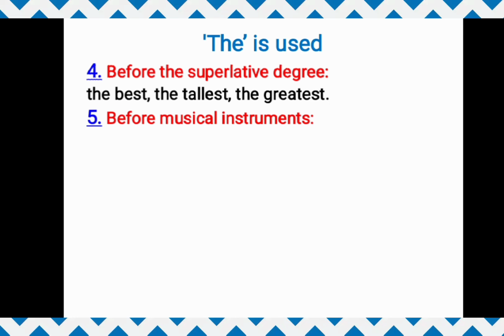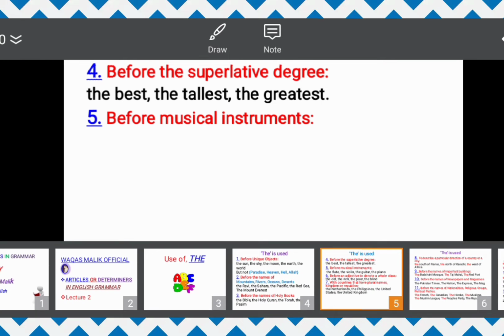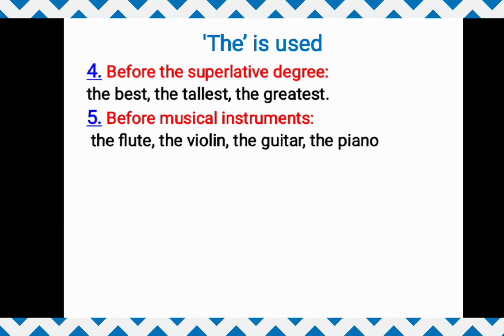Okay, the fifth use of the definite article "the" is before musical instruments like the flute, the violin, the guitar, the piano. These are musical instruments, and we use the definite article "the" before them.